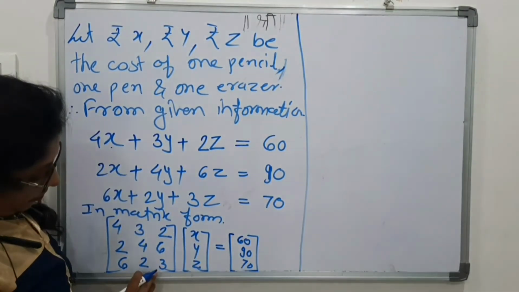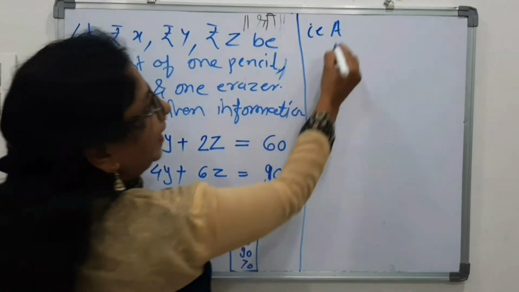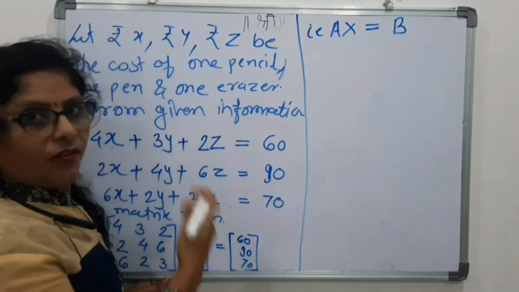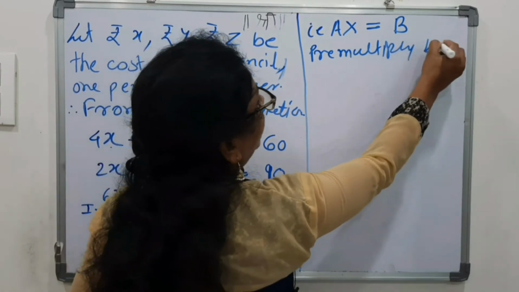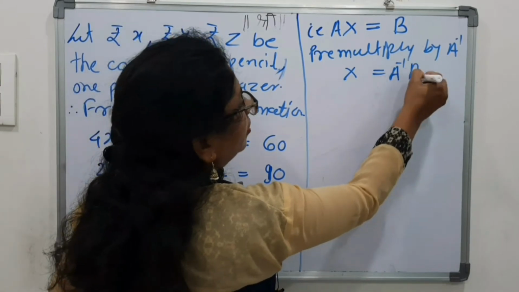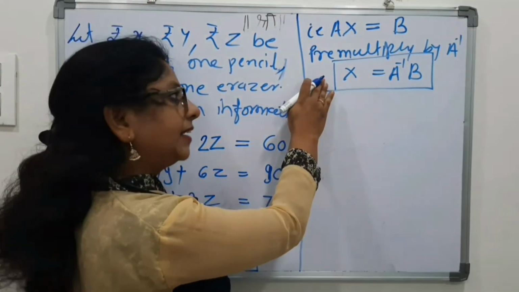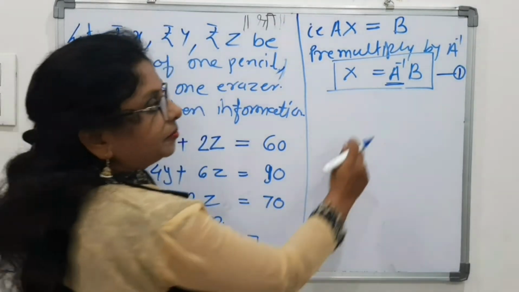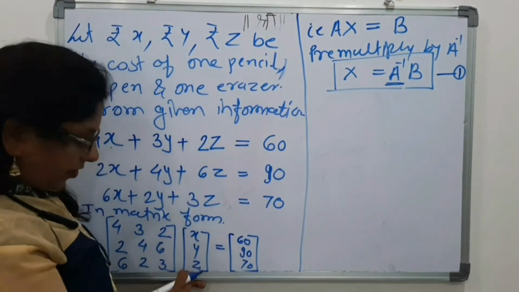We will denote this by A, the variable matrix by X, and the constant matrix as B. If we pre-multiply by A inverse, we get X equals A inverse B. We have already found this relation in previous lectures. Here you can use it directly also. So now our task is to find A inverse, and after multiplying A inverse and B, we will get our variable matrix X.